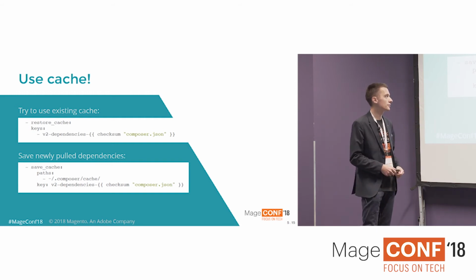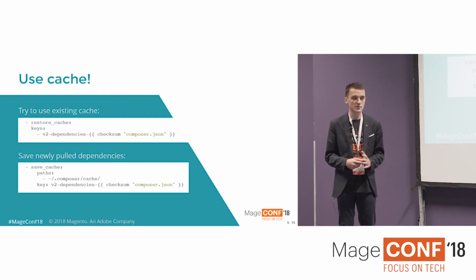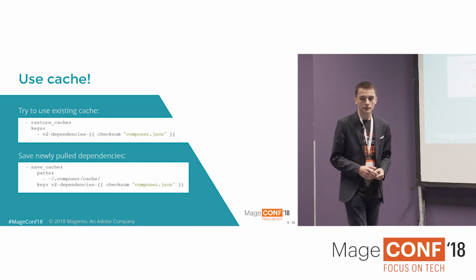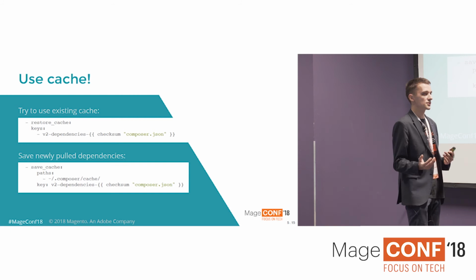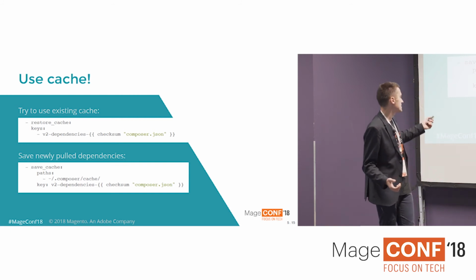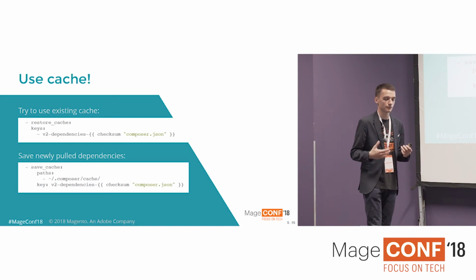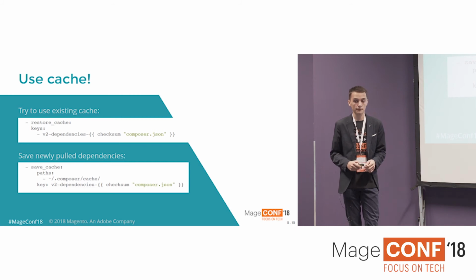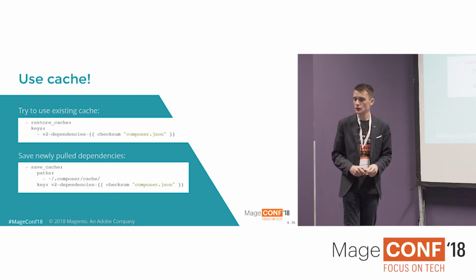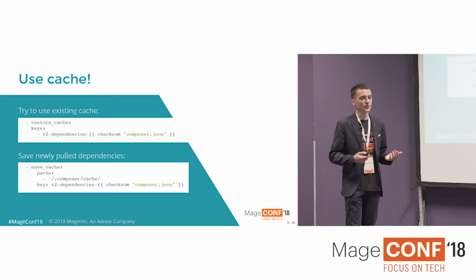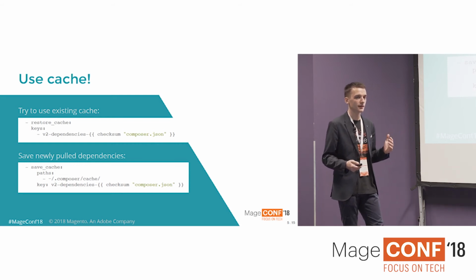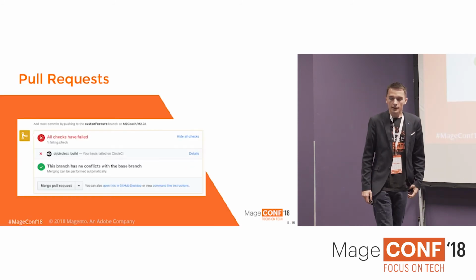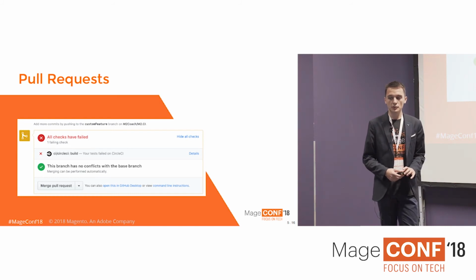I use a precondition of the checksum for the composer JSON file, and if there are new caches to save, I just save them with the save cache instruction in this CircleCI config file. And you can see that building Magento can take like 2-3 seconds thanks to that.